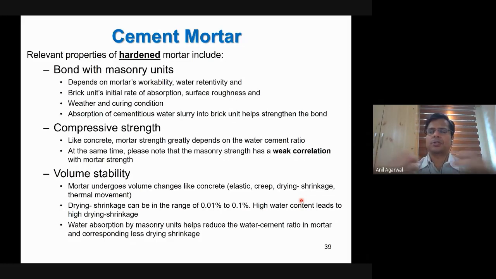As a result, those tiny water particles turn into voids, and those voids start to shrink. As they shrink, when the water is consumed, the entire structure starts to shrink.